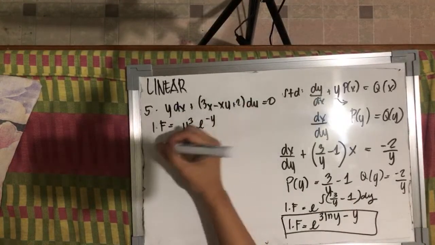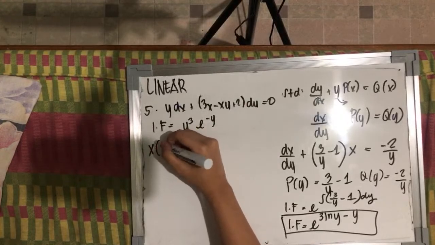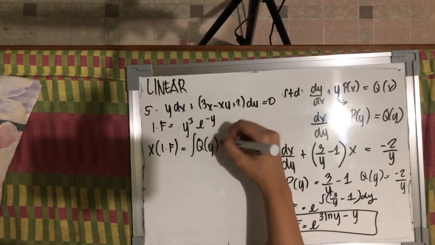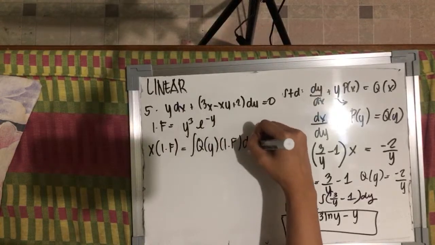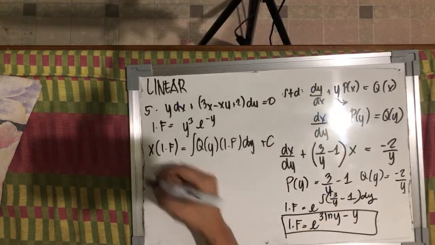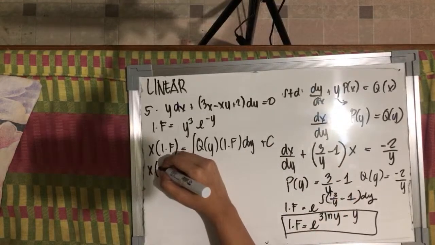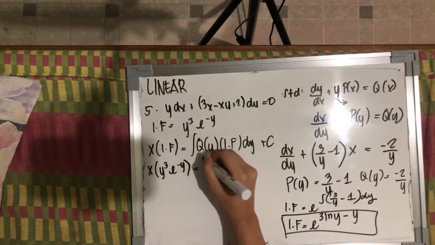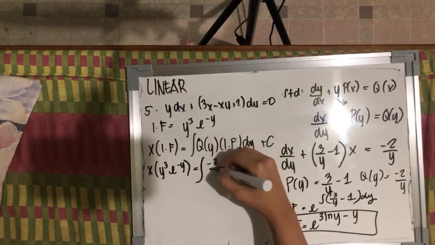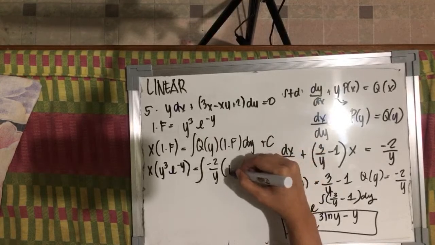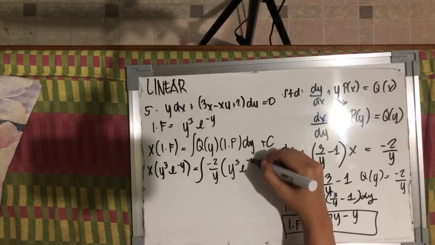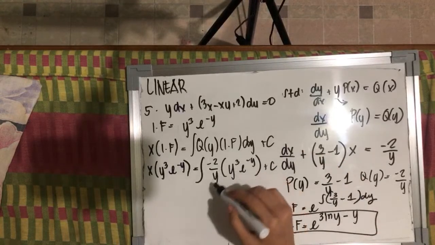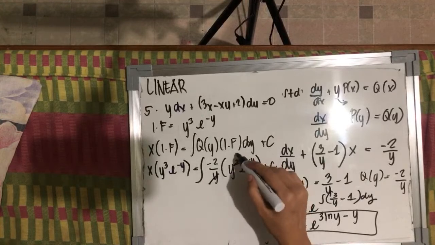So, sa general solution natin, x times integrating factor is equal to q of y times integrating factor dy plus c. So, x times y raised to 3 e raised to negative y is equal to negative 2 over y times y cubed e raised to negative y plus c. Kakancel. Magiging 2.